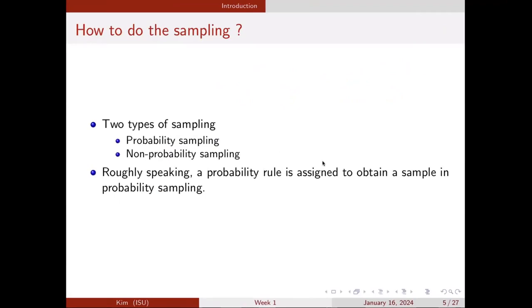So how to do sampling? Well, we have two types of sampling. One is probability sampling. The other one is non-probability sampling. The first is the main focus, and this is more statistical.